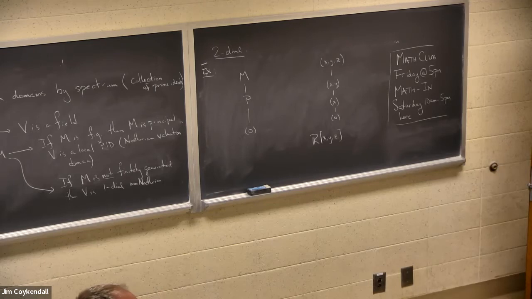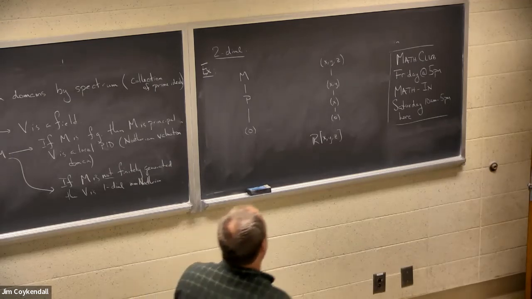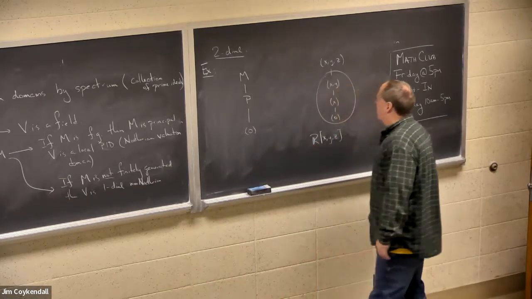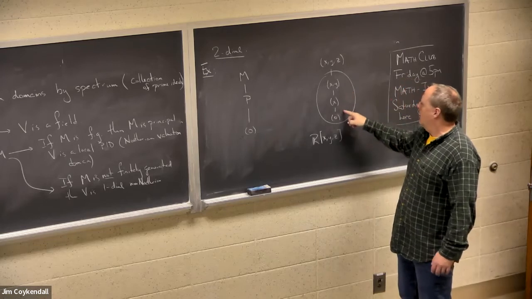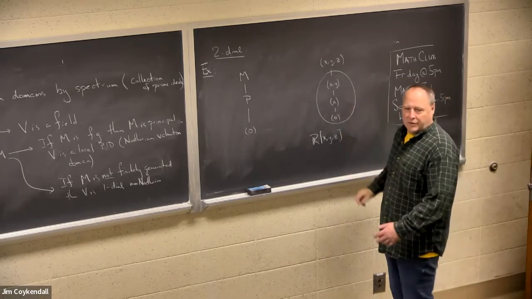Because in a Noetherian ring, you've got the finiteness condition, but the existence of that P would necessitate the existence of infinitely many prime ideals between. And you can kind of test this out, because here's a good example right here. There are infinitely many prime ideals between this one and this one, because you can start going crazy.